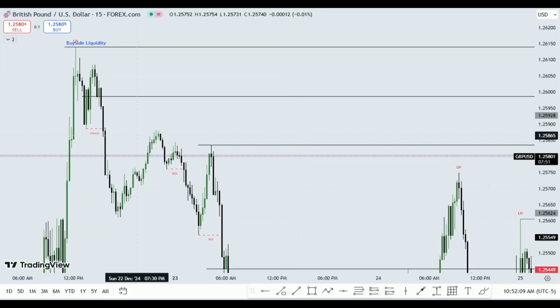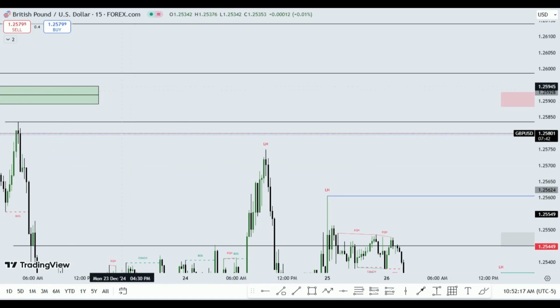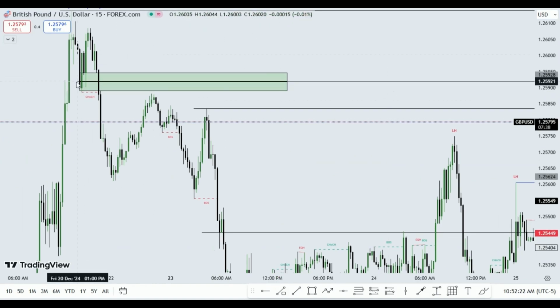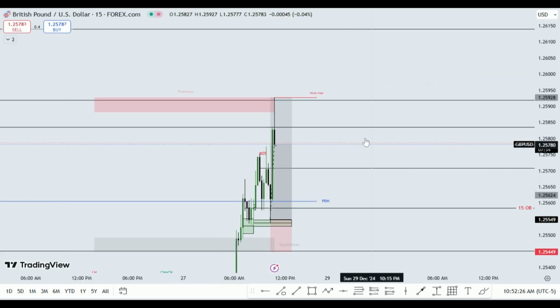So this level, I am expecting this level, or even this, and take this level, because we already hit 50% of this level. Also you can take it as your TP. Let's see what the market does. Can you see?